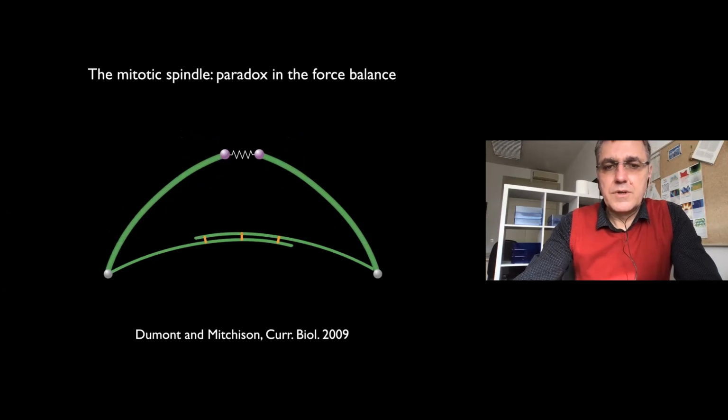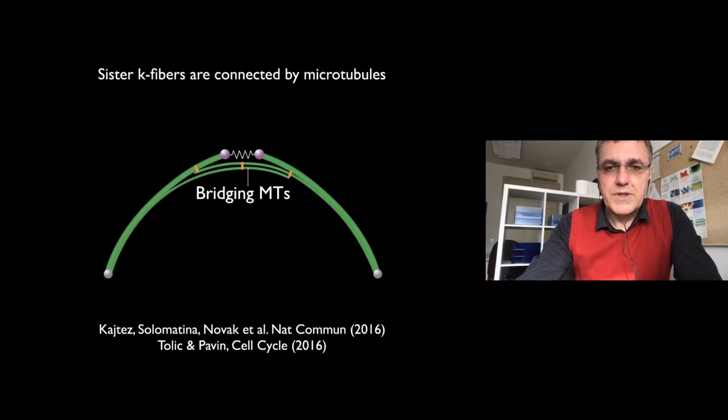To have a model that can give a mechanical explanation of how these microtubules are positioned in the spindle and how they get this curved shape, we had to introduce bridging microtubules, and now I will discuss how we found these bridging microtubules and what we learned from theoretically studying elastic forces here.